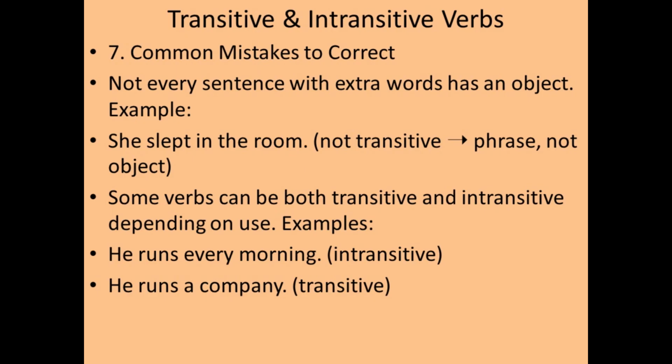Run means to guide, like to manage. This is unique from the first one. He runs what? A company. Object. If there is an object, run is what? A transitive verb. So like this, you need to identify transitive and intransitive verbs.